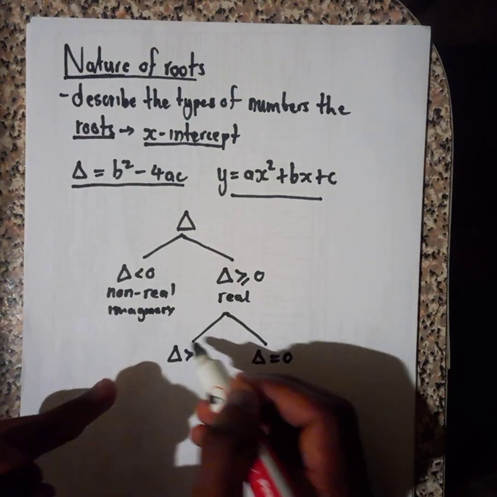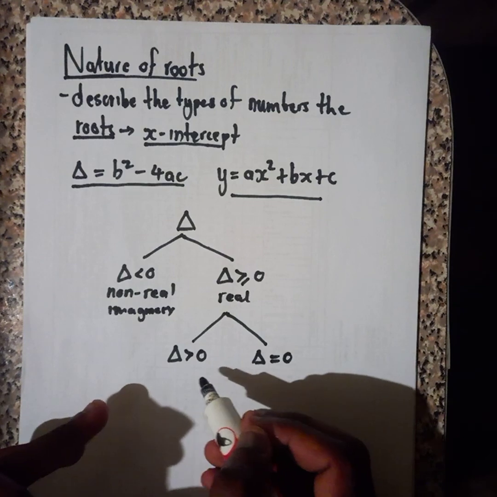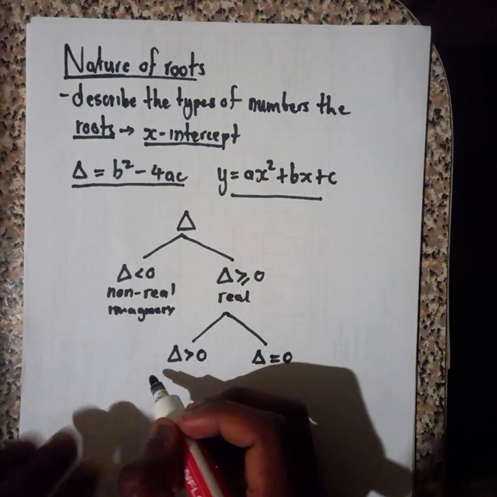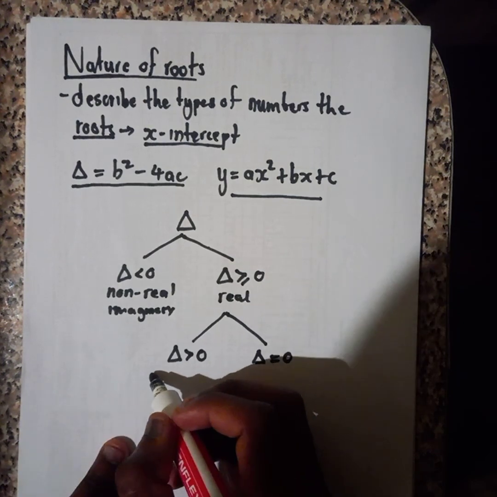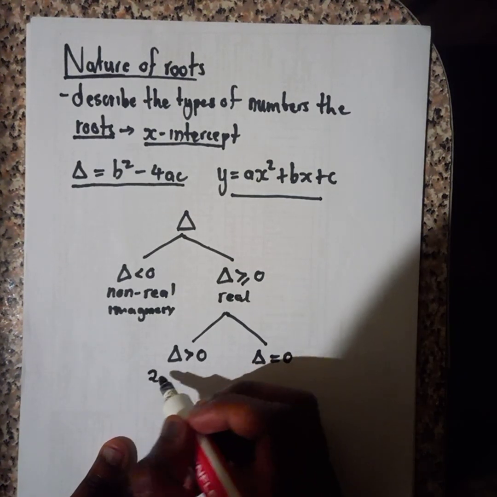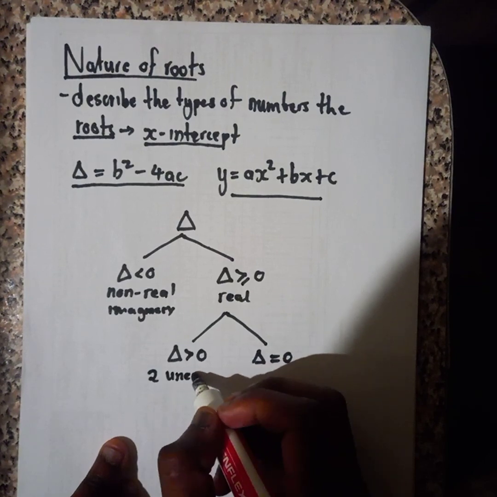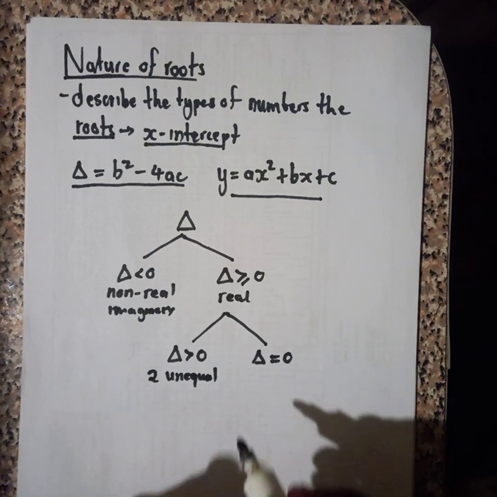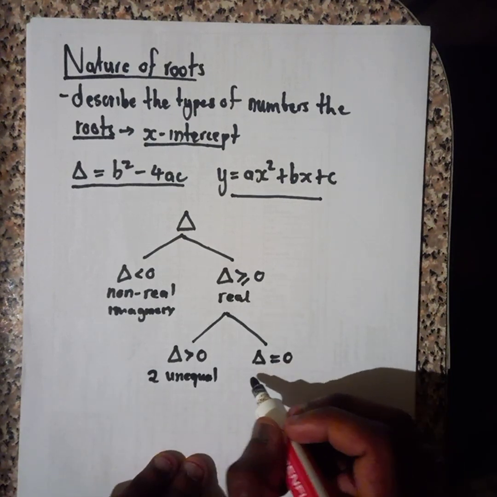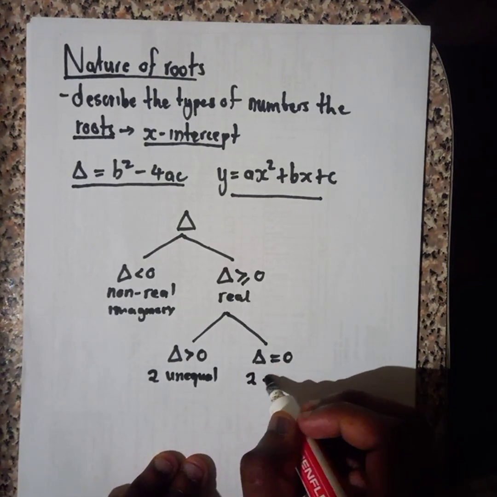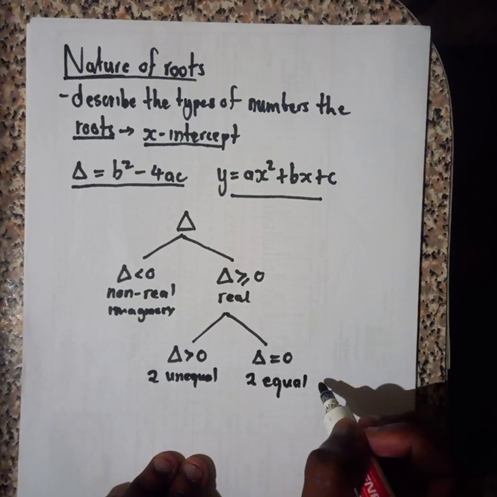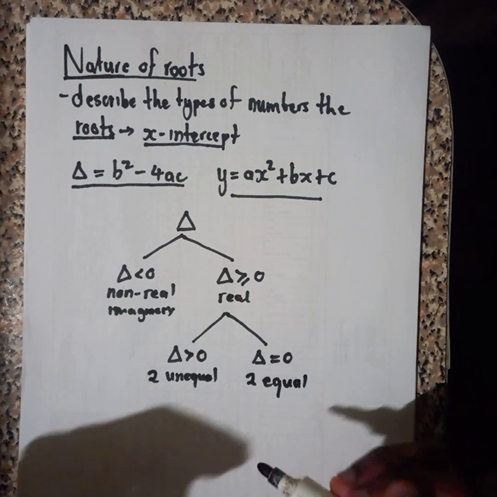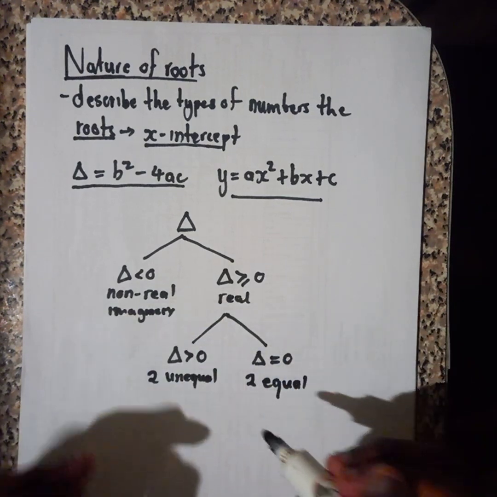For the first condition, we say there are two roots and they are unequal: two unequal roots. But for the second one, we say they are two equal roots. You must know these conditions, my fellow learners.